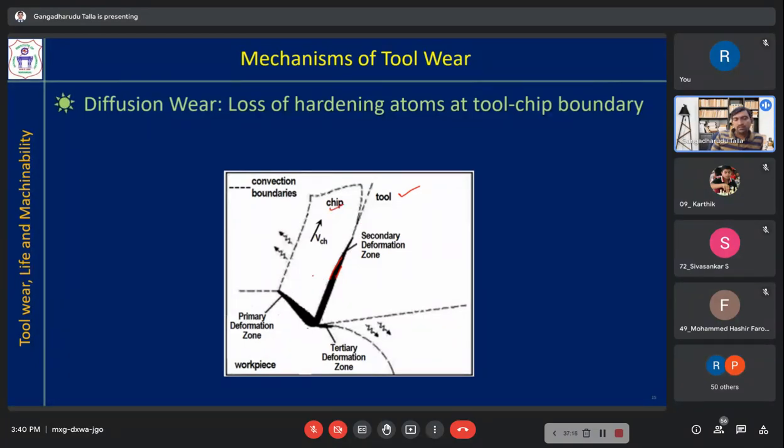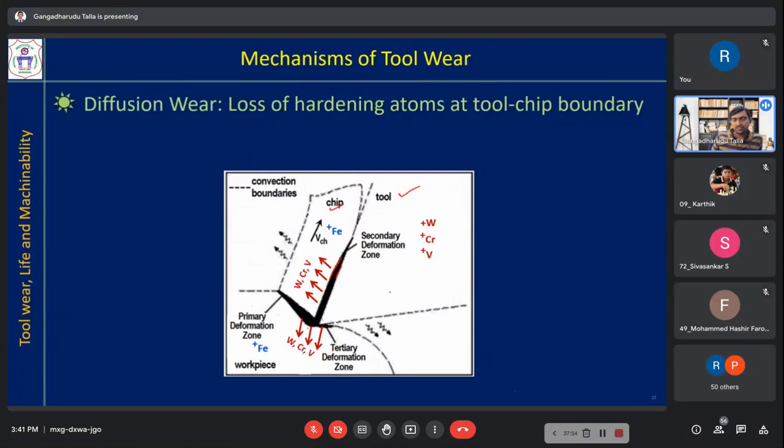Obviously there can be some common chemical elements in both the tool and the workpiece. We will see the details also. The tool has tungsten, chromium, vanadium, and the same tungsten, chromium, vanadium and some ferrous is there in the chip material.